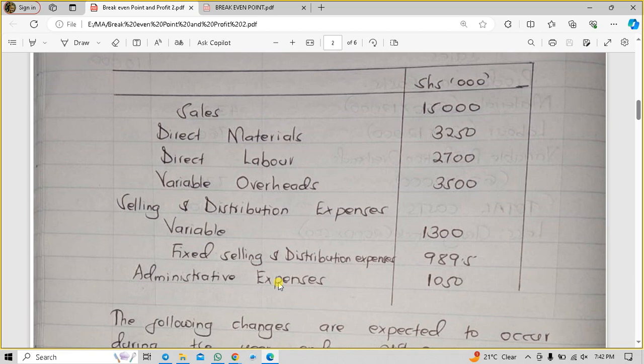What happens when you're not producing? Maybe that day you do not have any order or you're not doing any production. It means that the labor will decrease to 0 or maybe to 2. So that means that labor is considered to be a variable cost. It changes with the level of output produced in the company.